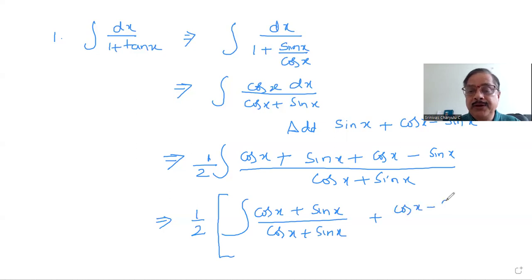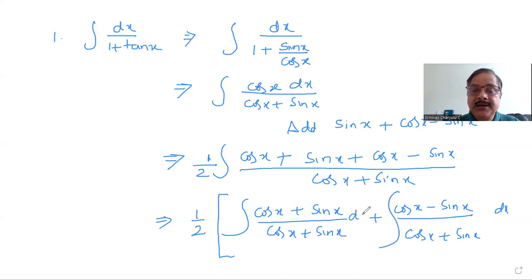What is left over is cos x minus sin x divided by cos x plus sin x, whole thing dx. This is one integral, this is the second integral: cos x plus sin x divided by cos x plus sin x dx, and cos x minus sin x divided by cos x plus sin x dx. Next step, this and this will go away. Only dx will remain here.